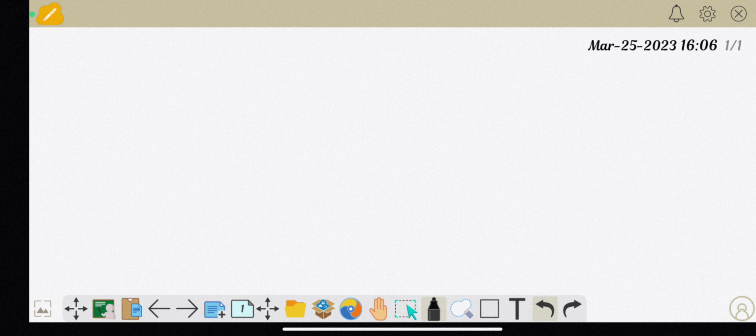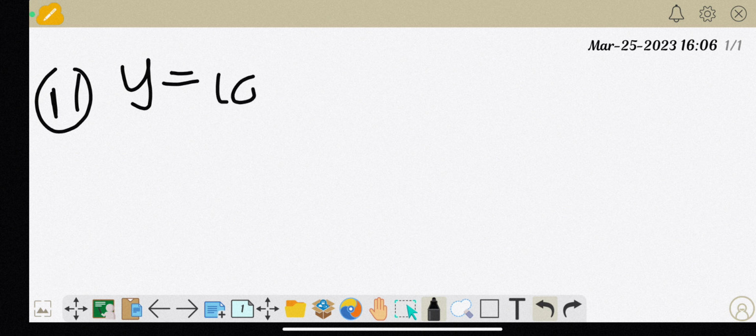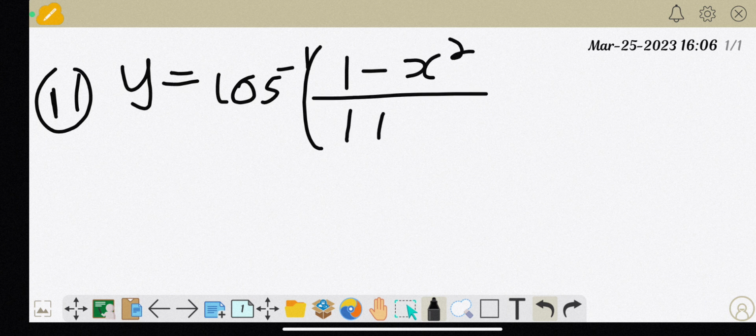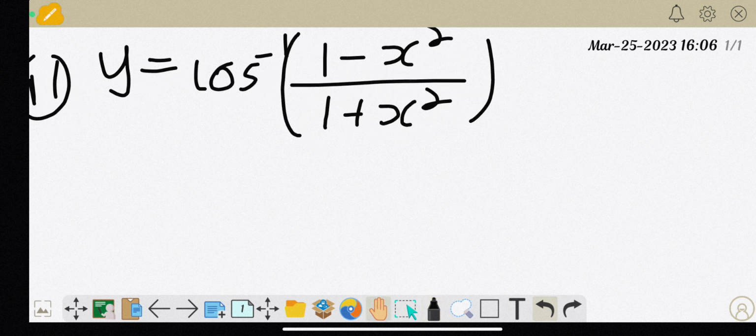Question number 11 is y is equal to cos inverse of, 1 minus x square divided by 1 plus x square.